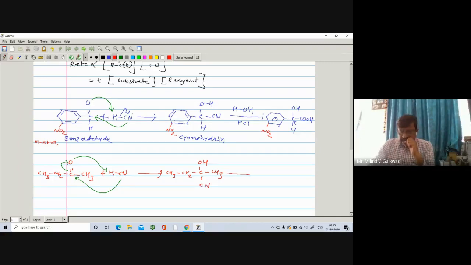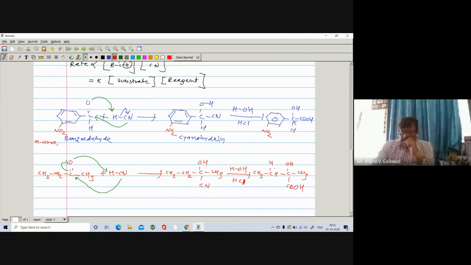When this cyanide undergoes hydrolysis, H2O in the presence of HCl, you know the CN will convert into COOH. So you just have to write CH3, CH2, then C, OH, CH3, and COOH.